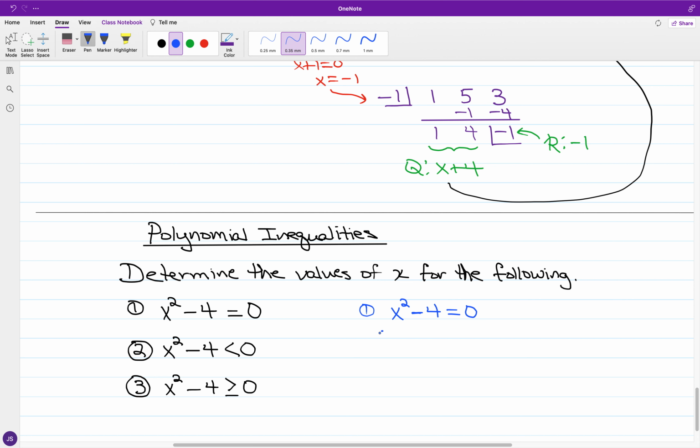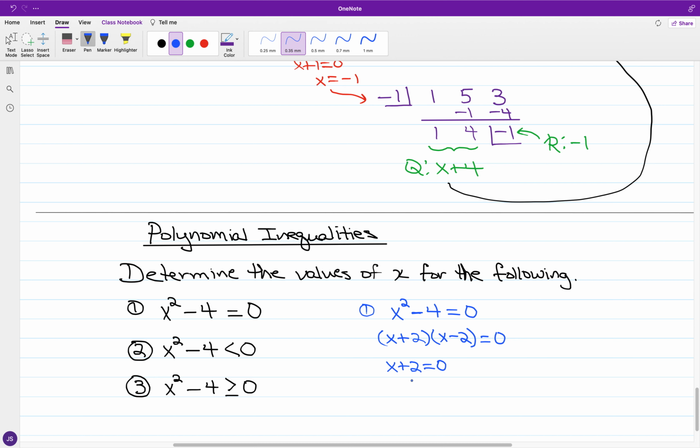So again, we have a difference of squares, and we've been factoring out intermittently x squared minus 9 and x squared minus 4. Again, if x squared minus 4 is equal to 0, we're going to have the values that will make this statement true.